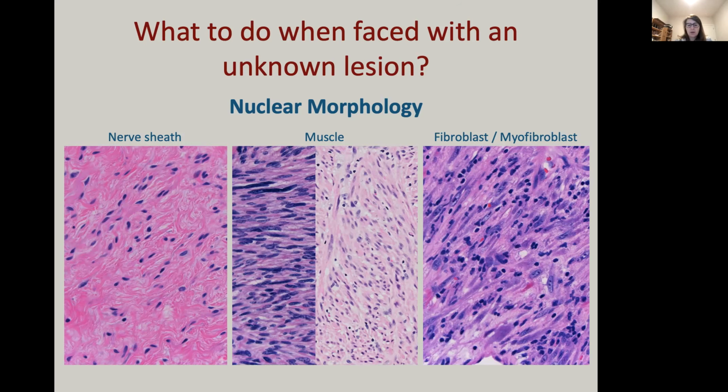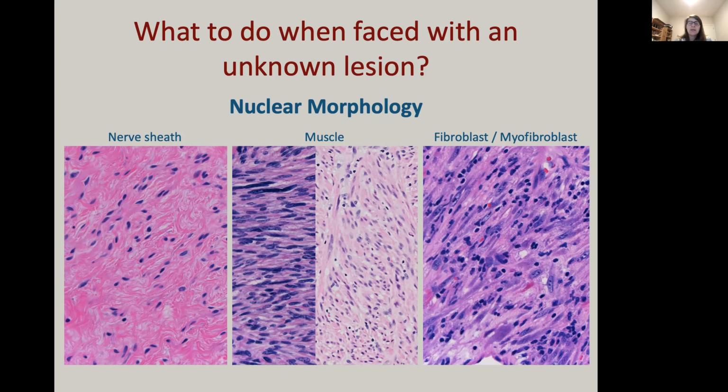But one of the things that's always very important in spindle cell lesions is the nuclear morphology, which may sort something into your broad categories of nerve sheath, myogenic, and fibroblast or myofibroblast. Those are the three big hitters that we always want to think about.